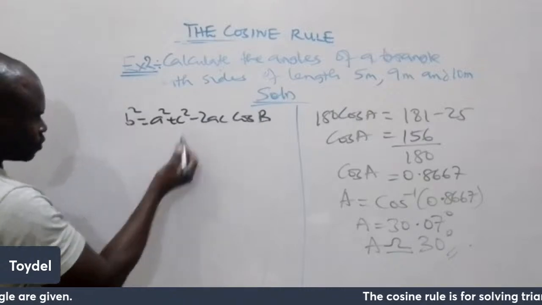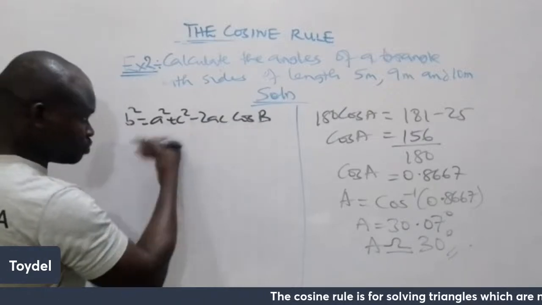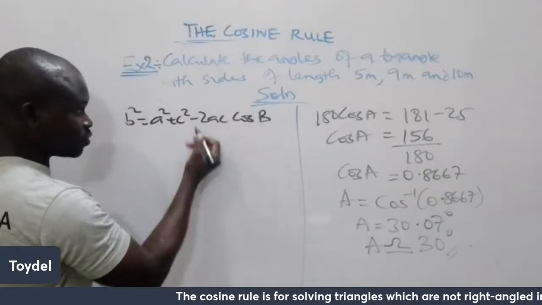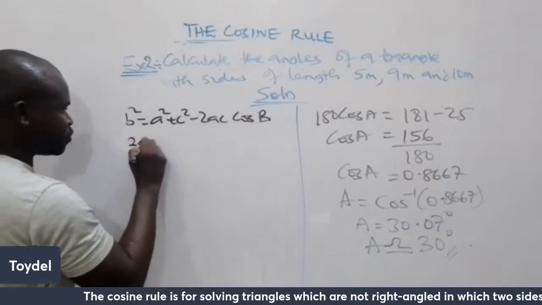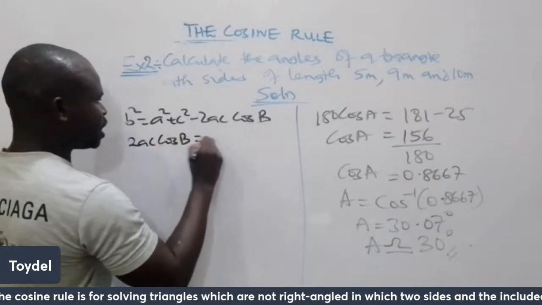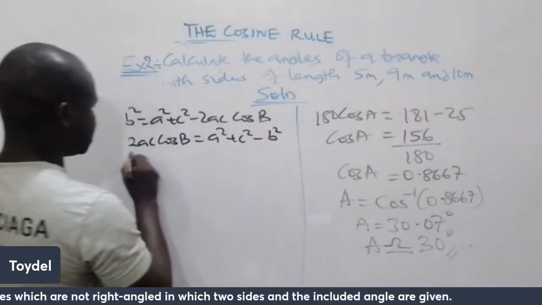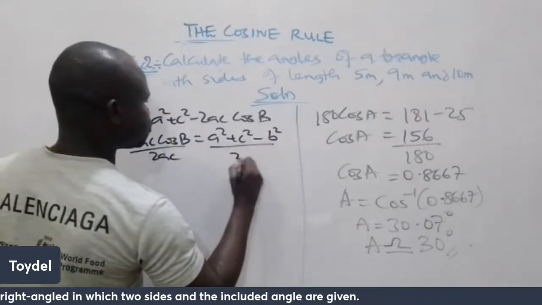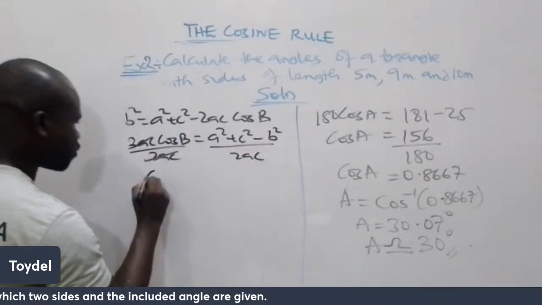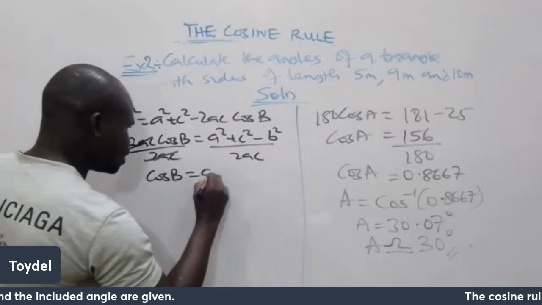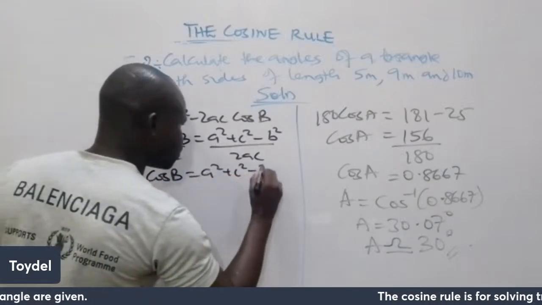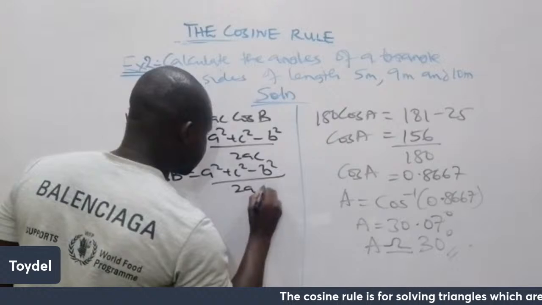Of course, I can even make cos B itself the subject of the formula. I bring everything here to have 2ac cos B equals a squared plus c squared minus b squared. Then divide both sides by 2ac, so this cancels this. Then cos B will be a squared plus c squared minus b squared over 2ac.